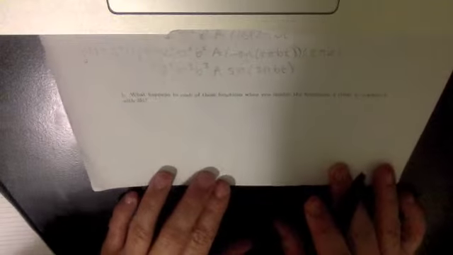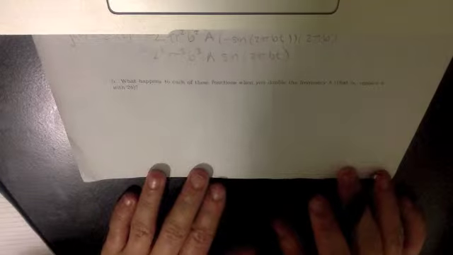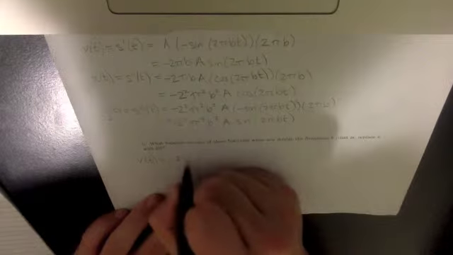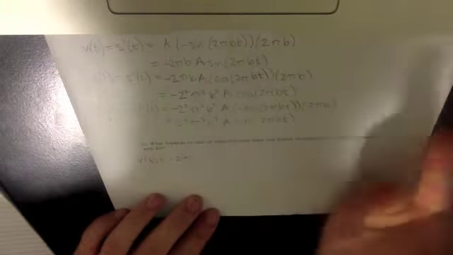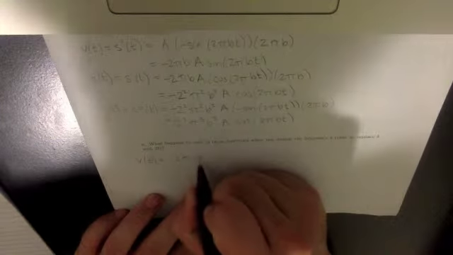Okay, now the next question asks us, what happens to each of these functions when you double the frequency b? That is, replace b with 2b. Now let's just start with the velocity with respect to time. So v of t, originally it was negative 2 pi bA sine 2 pi bt, but let's replace b with 2b.